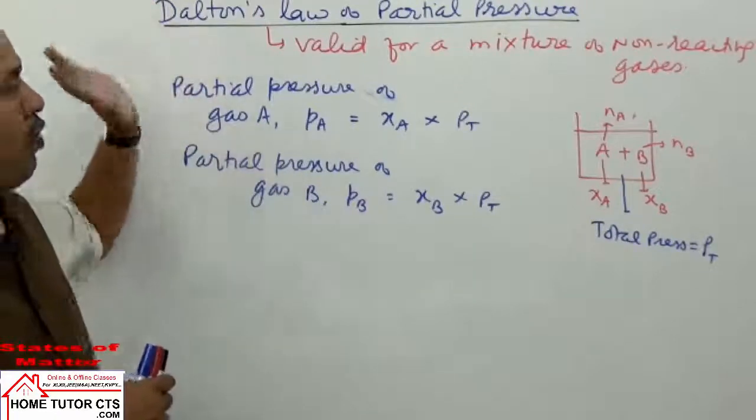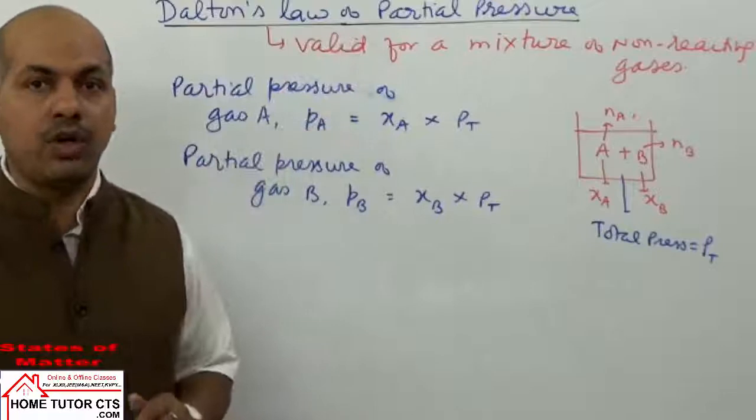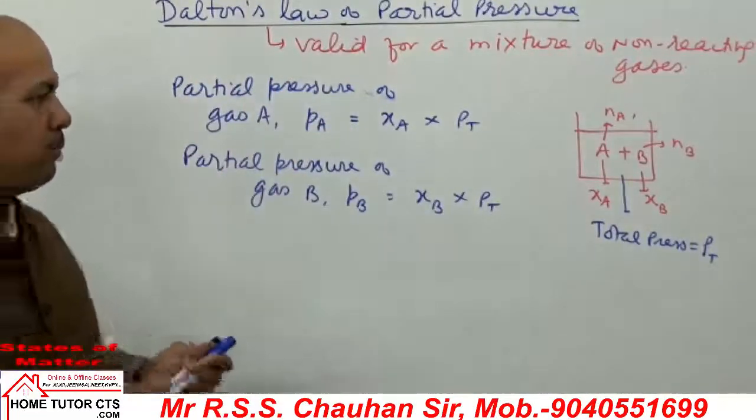Now for this law we can take the statement. It is the law of partial pressure, Dalton's law of partial pressure. So what does it say? Write down the statement.